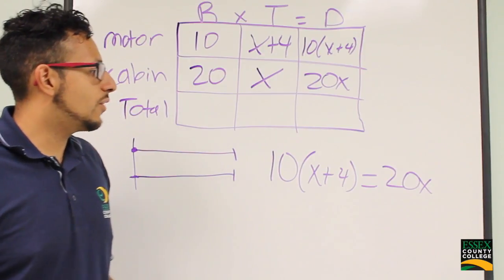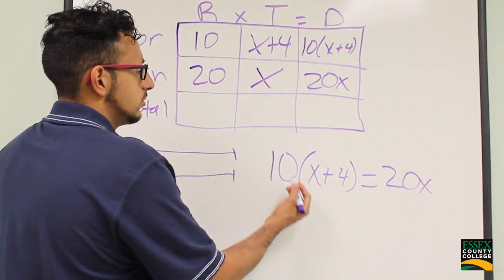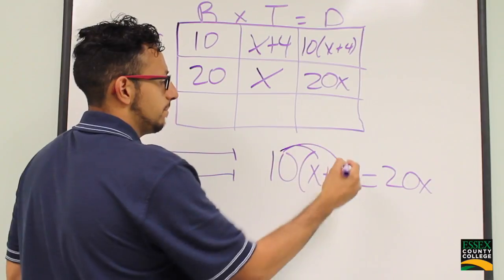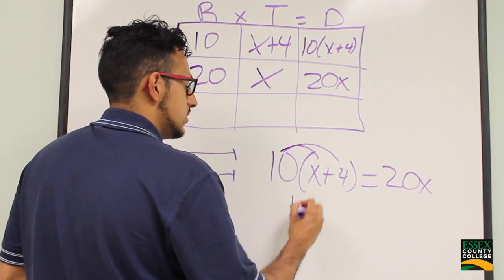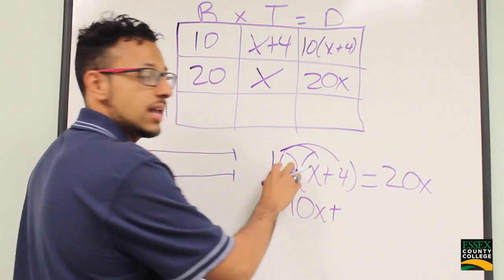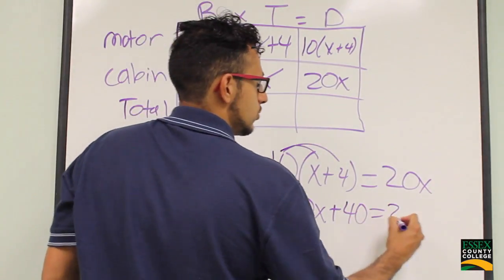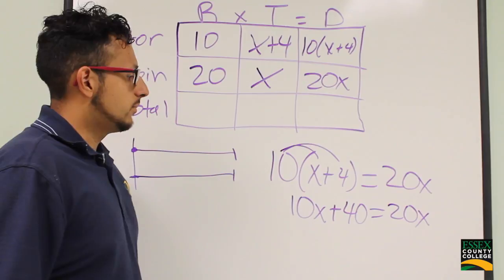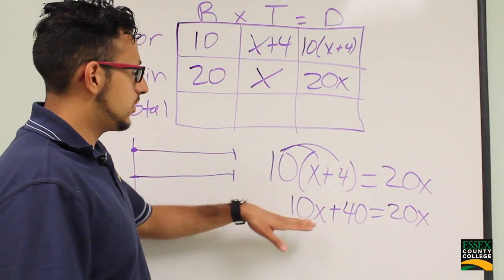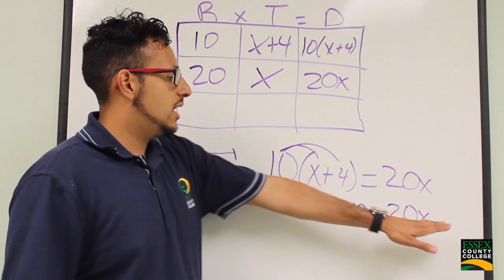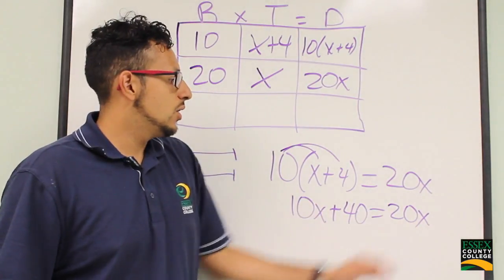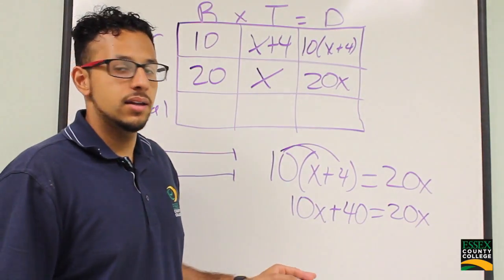And now we solve for X. So here we're going to distribute. 10 times X is 10X, and 10 times 4 is positive 40, which is equal to 20X. So now we have to solve for X. Since we have X on this side of the equation and X on this side of the equation, we have to bring X to only one side.